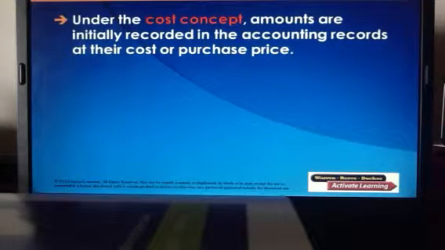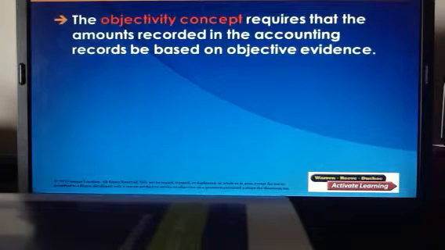A second concept that we follow is the cost concept, and that says amounts are initially recorded in the accounting records at their cost or their purchase price. The third concept is the objectivity concept. Amounts are recorded in the accounting records based on objective evidence.